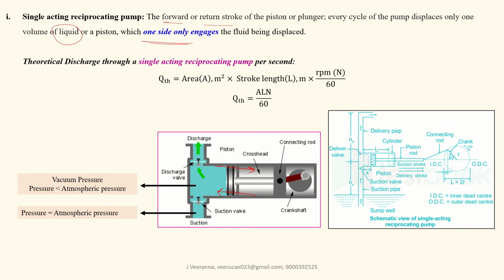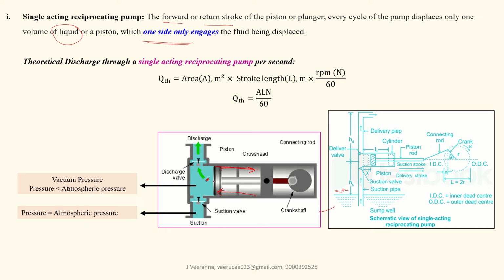How the water comes into this cylinder is most important. See this picture: the water in your source is at atmospheric pressure, exposed to the atmosphere. When the piston moves backward, due to this closed body, vacuum pressure is created because the inlet valve and outlet valve are closed.